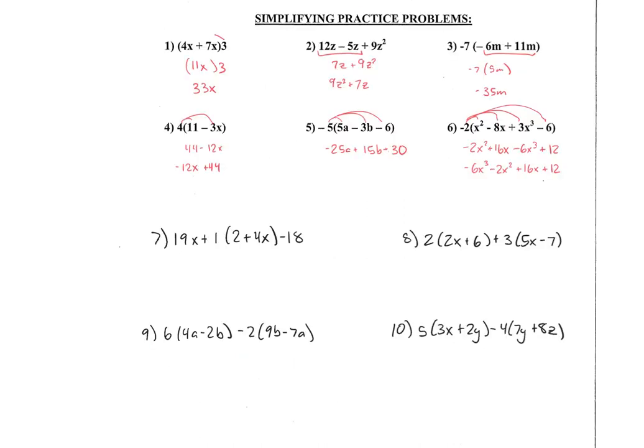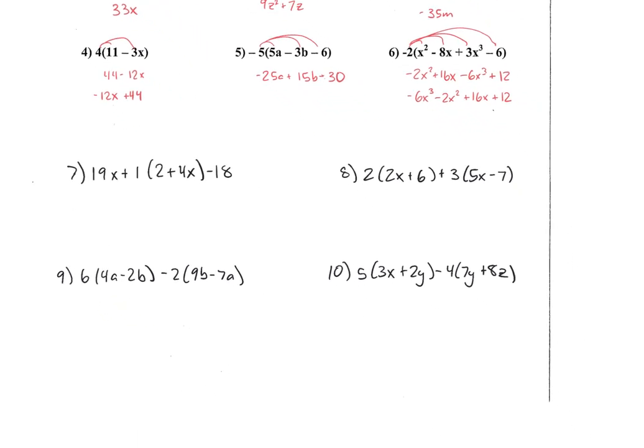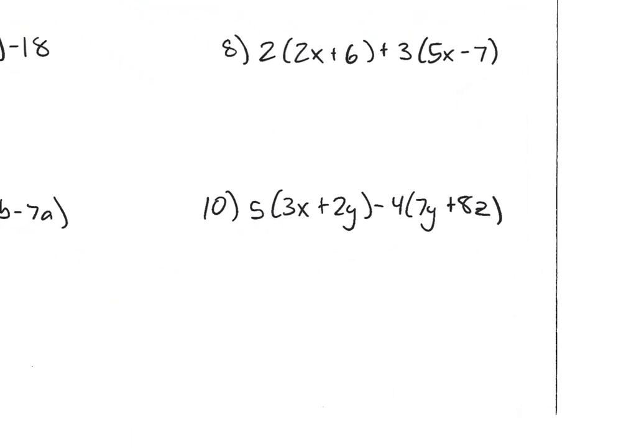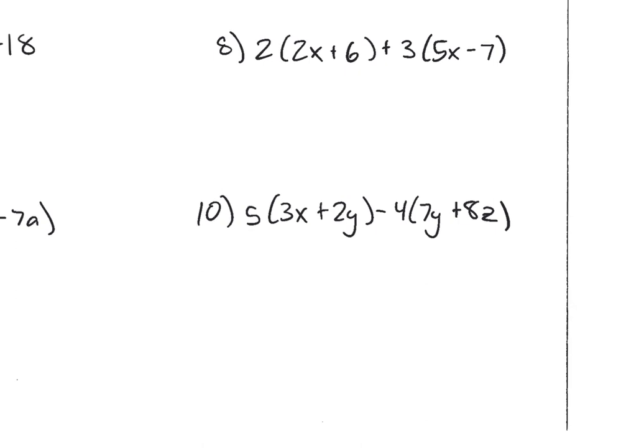All right, so there are your answers for the first 6. And then we can zoom in on number 10. I wrote it in on mine. And now we're going to do number 10 together. So with this one, the main thing I want you to notice is that there are 2 sets of parentheses. Don't freak out, just do one set at a time. So the 5 will be distributed to both the first 2 terms.